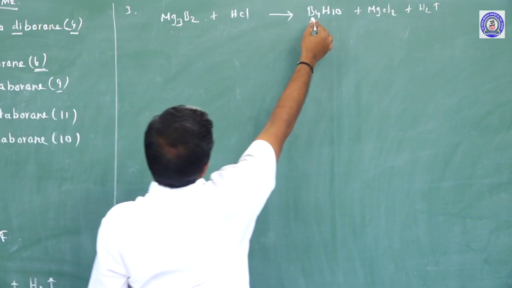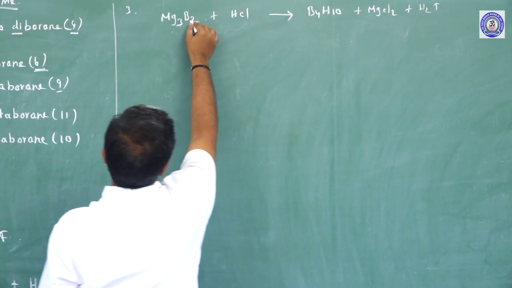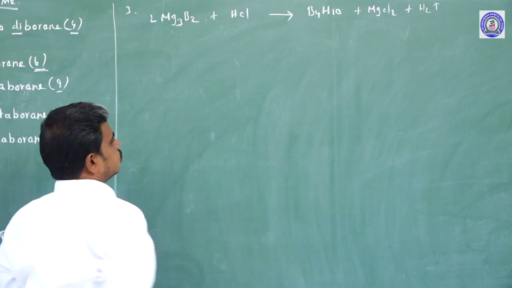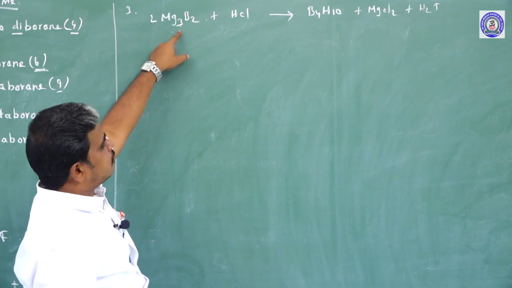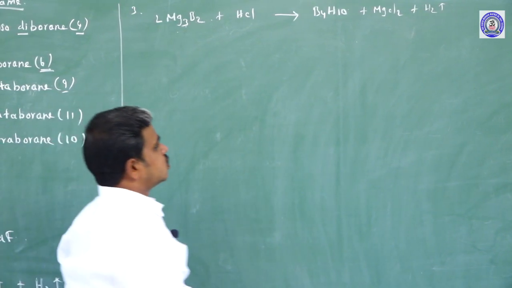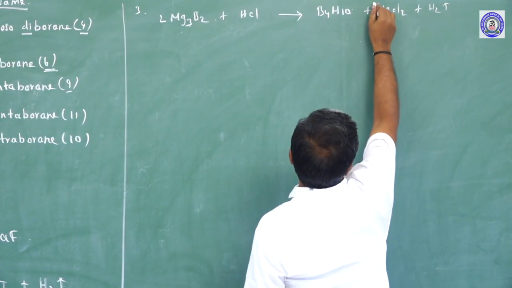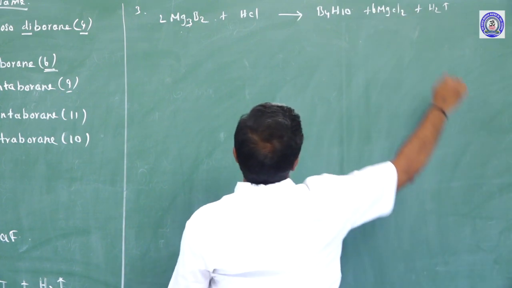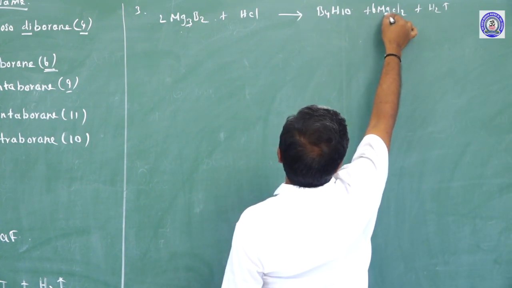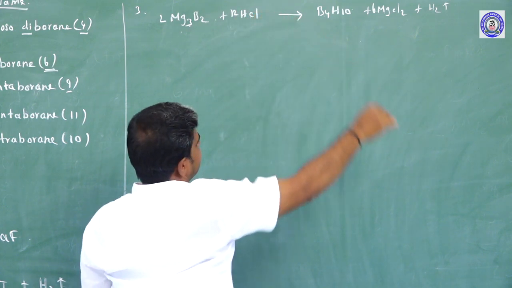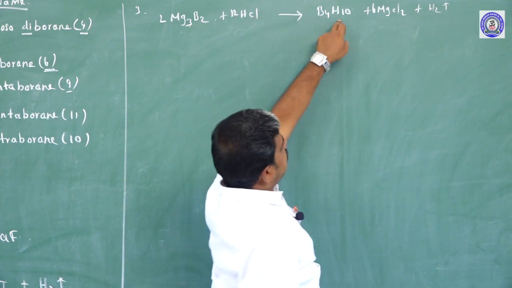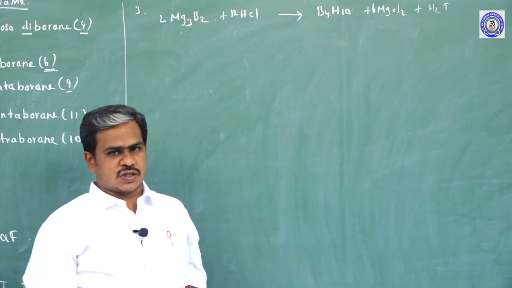Now we take it is 4 and 2, so we take 2. So 4 boron, 4 boron. Now magnesium is 6, so here 6. And chlorine is 12, so here it is 12 chlorine, and hydrogen 12. So 10 plus 2, so it is balanced.